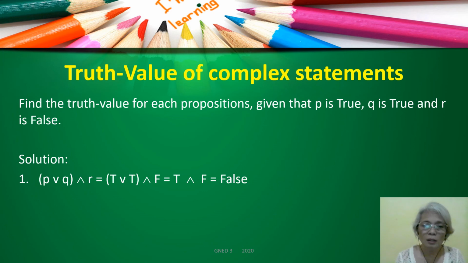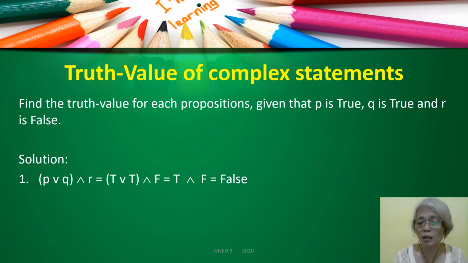So, tingnan natin. This is primarily a conjunction. For the rule, if one of the conjuncts is false, then the conjunction is false. Notice that R is false here. So no matter what the values of P and Q are in the disjunction P or Q, it does not matter because one of the conjuncts is false.